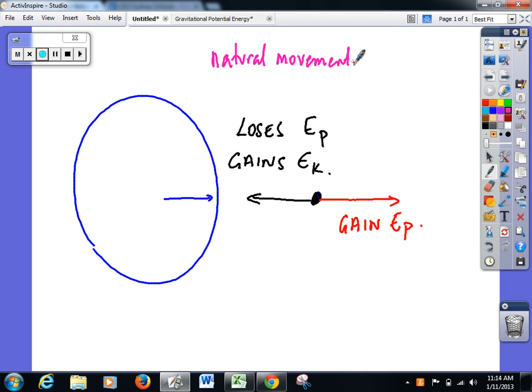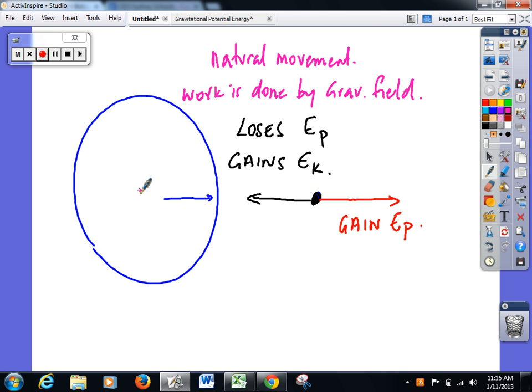The reason why it moves towards the planet is the gravitational field. So the work is done by the gravitational field. So, the planet's gravitational field causes natural movement, and natural movement means it is drawn towards it, and if you draw an object towards it, it loses gravitational potential energy, and it must gain kinetic energy.